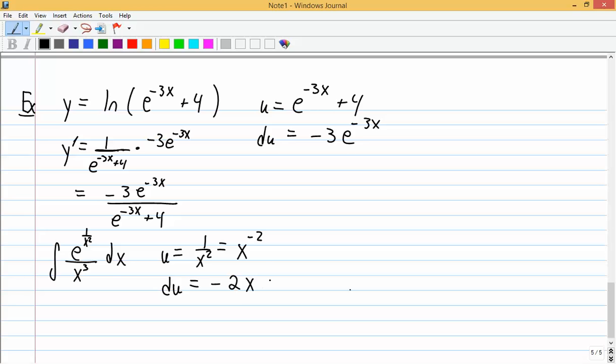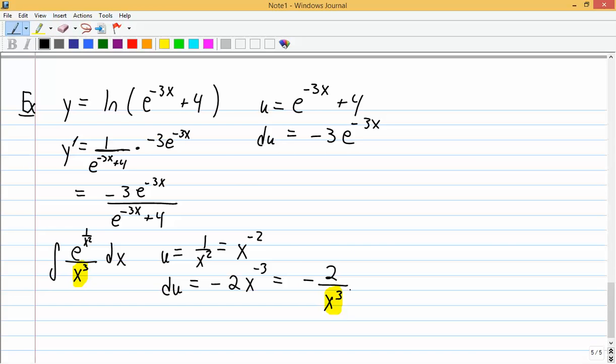Negative 2x to the negative 3, or negative 2 over x cubed, right? And so you see this here in the denominator? There it is right there in the denominator. So your du is actually present here. The variable part is. The only thing we have to do is adjust for the constant.